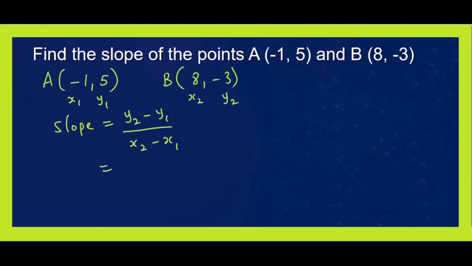So y2 in this case is minus 3, so we write minus 3 minus, then our y1 is 5, so you write a 5, divided by our x2, which is 8, so we have 8 minus, and in this case our x1 is minus 1, so we need to put that minus 1 in brackets. For the numerator side, we have minus 3 minus 5. That will give us minus 8.